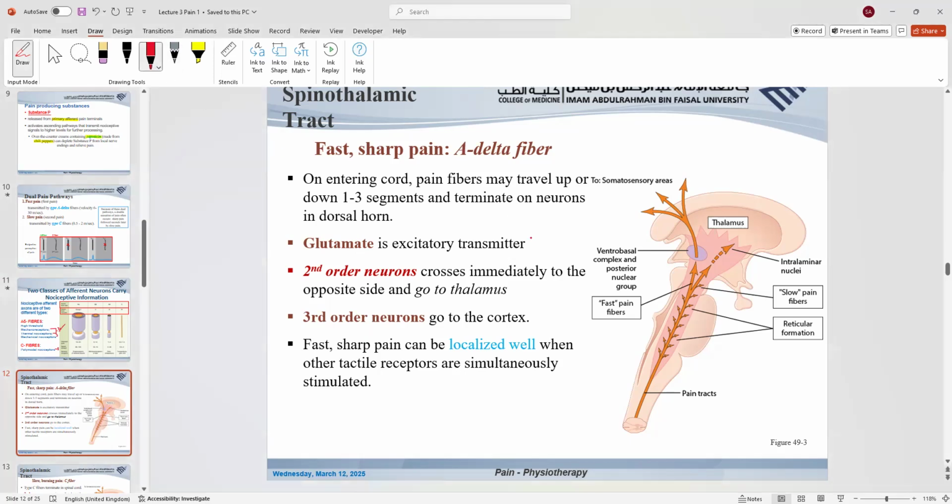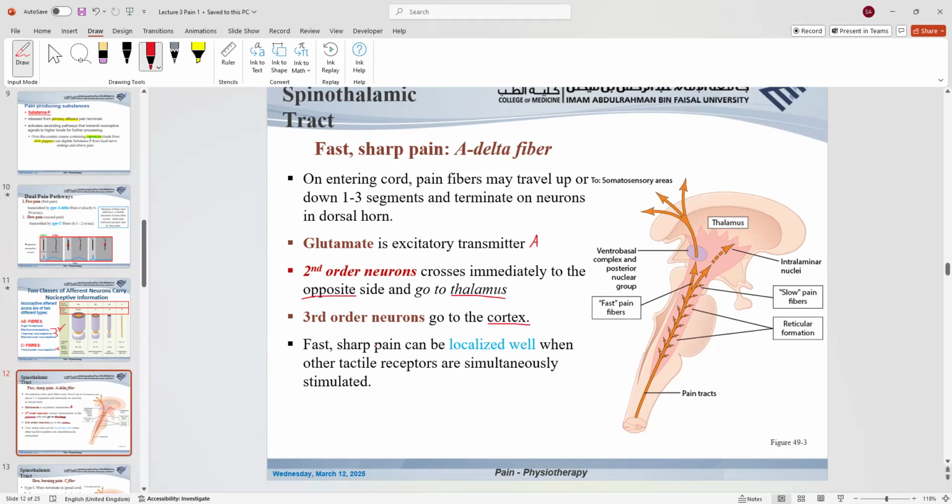Then the second order neurons, where the cell body of this neuron will be in the spinal cord, cross over to the opposite side and go up to the thalamus. And from the thalamus, the third order neuron will go to the cerebral cortex, the pain areas in the brain.